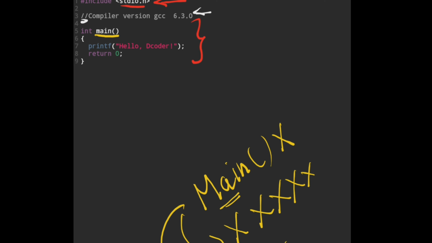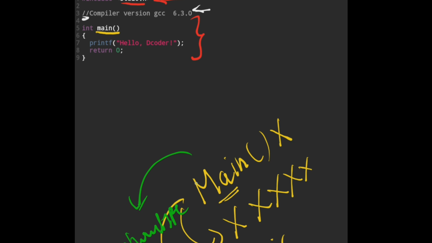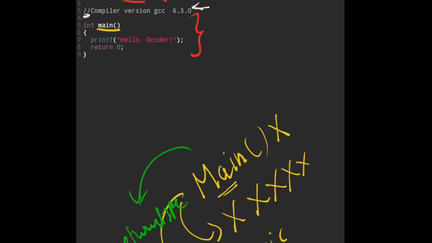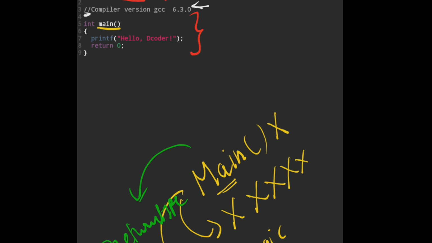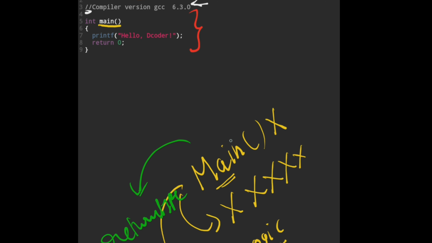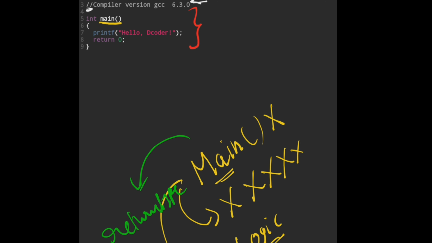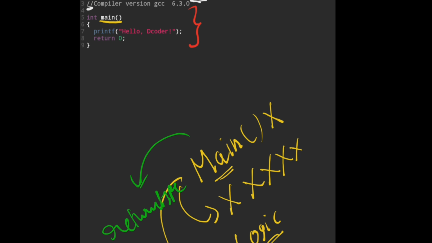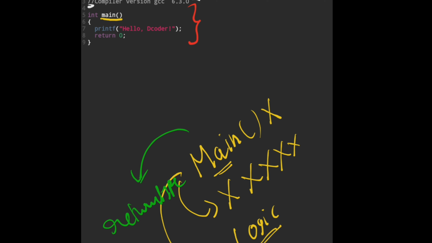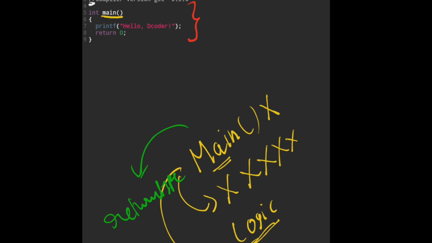Every main function contains a return type. The return type may be void, which is the default return type in different types of compilers, and int is one type of return type. Whenever you are using integer, this integer must return a value, either 0 or 1. Anything we can write, no problem. 0 means false, 1 means true. We'll talk about all these things in further videos.